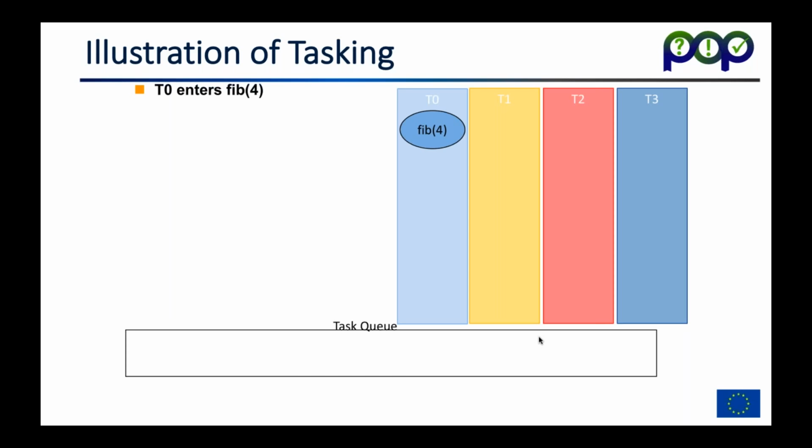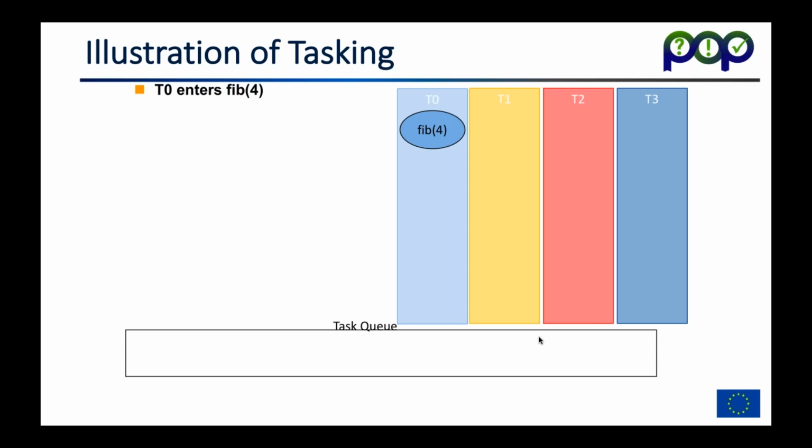In the OpenMP runtime, you have something which is called the task queue, and as you mentioned, a task is a piece of code and some data which is packed together and which can be executed by some thread of OpenMP. Here I try to illustrate a parallel region with 4 threads, T0 to T3.